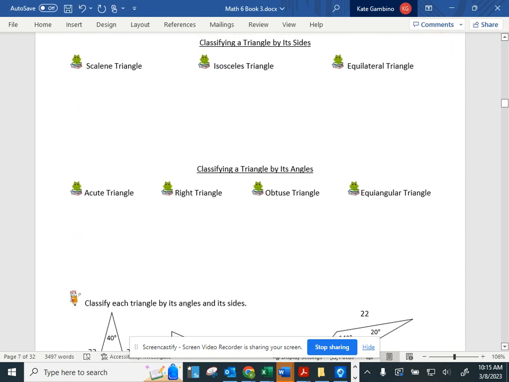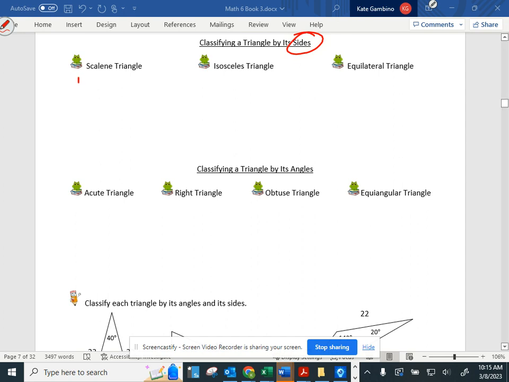This first section, you need to know that these are how we classify it by its sides. We use the words scalene, isosceles, and equilateral. Those are all sides. We look at their sides to know which type of triangle it is. So our first one is a scalene.